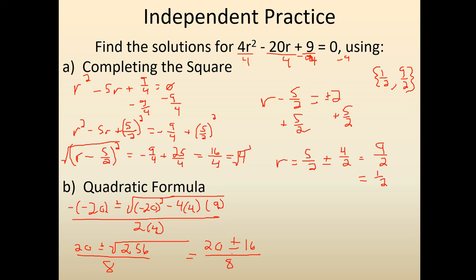So my two solutions will be 20 plus 16, which is 36 divided by 8, and then 20 minus 16, which is 4 over 8. 36 divided by 8, if I clean that up, will end up being 9 halves. And this one, when I clean it up, will be 1 half. So I get the same numbers up there. Okay?